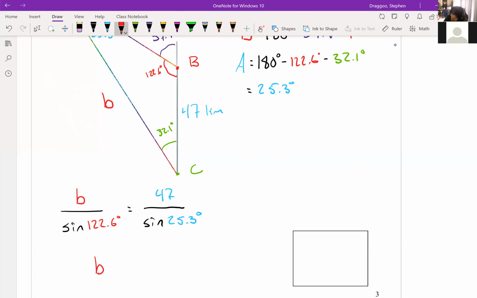Meaning that in the end, B is 47 times the sine of 122.6 divided by the sine of 25.3.